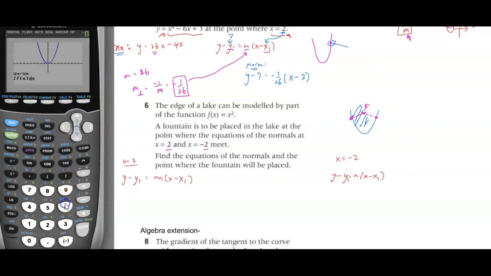So I do second calc dy/dx, and then I type in 2. And that gives me 4. So my m value is 4. But since it's a normal line, I want the negative 1 over m value, which would be negative 1/4. And that's what I'm going to put into m.